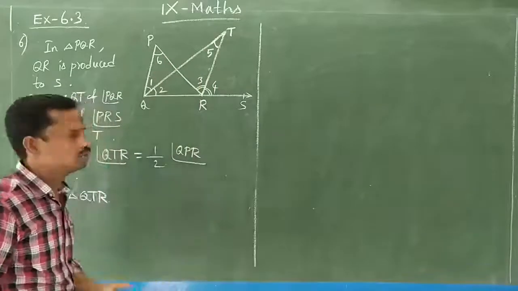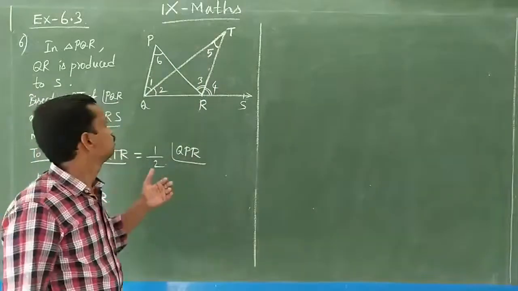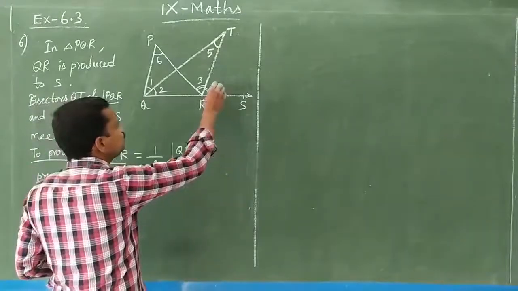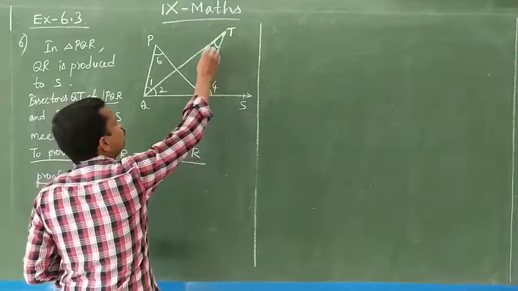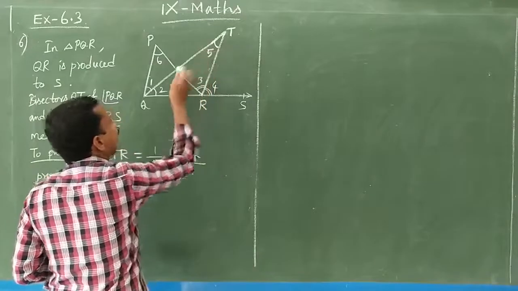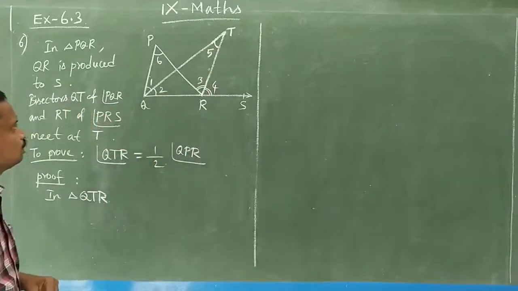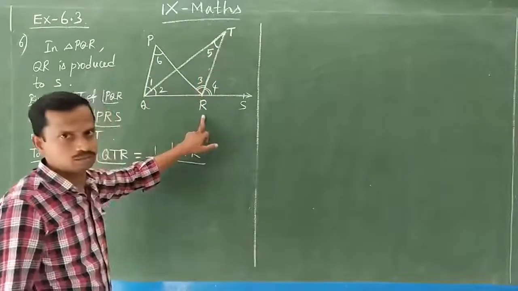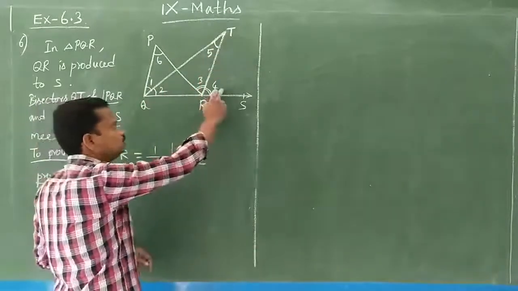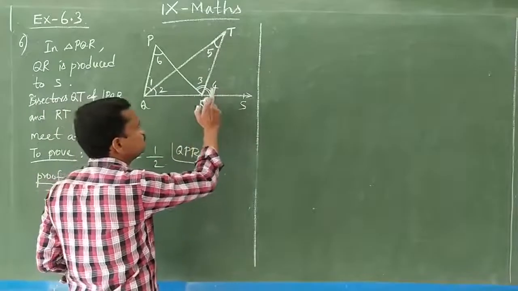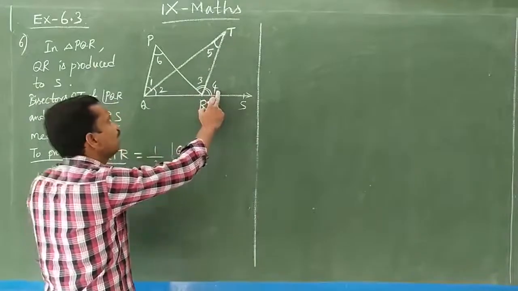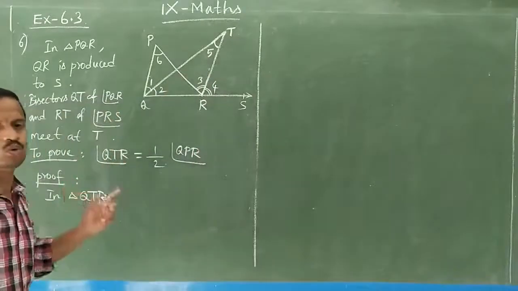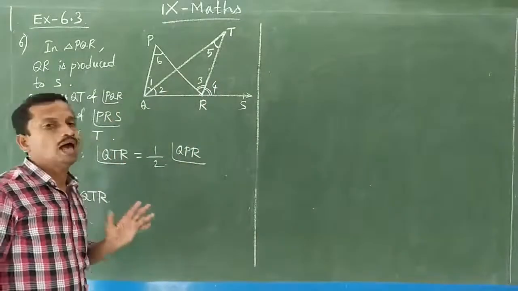For our better understanding, we are writing the numbers. You see, angle 4 is equal to angle 5 and then angle 2. Clear? In this triangle, angle 4 is the exterior angle because this is extended. So this is the exterior angle, and 2 and 5 are the two opposite interior angles.